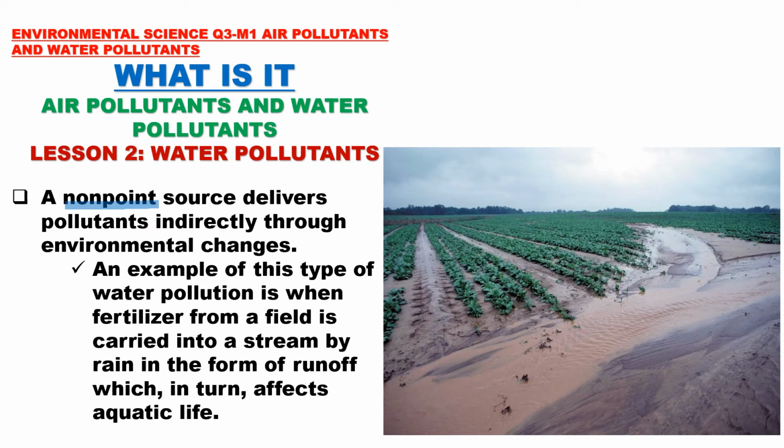A non-point source delivers pollutants indirectly through environmental changes. An example of this type of water pollution is when fertilizer from a field is carried into a stream by rain in the form of runoff, which in turn affects aquatic life.